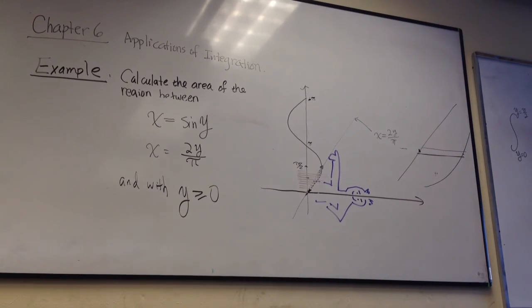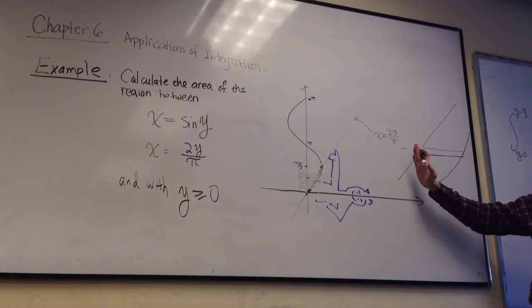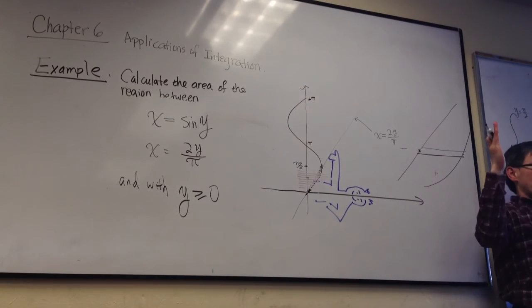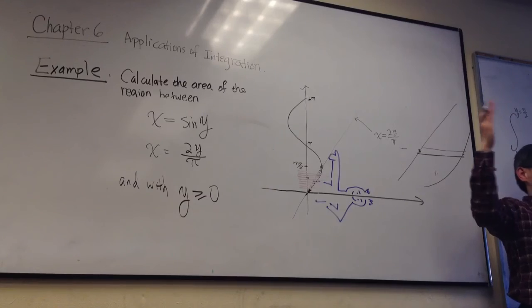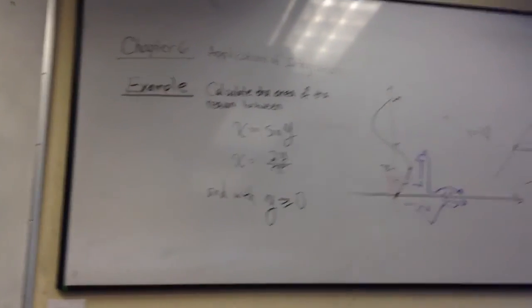So what I'm trying to say is that you have sine y on the one hand, that is the greater x value, and 2y over pi on the other hand, that would be the smaller x value. Take the difference. Isn't that the length of that slice, roughly speaking?